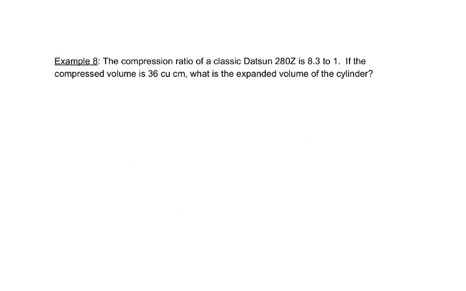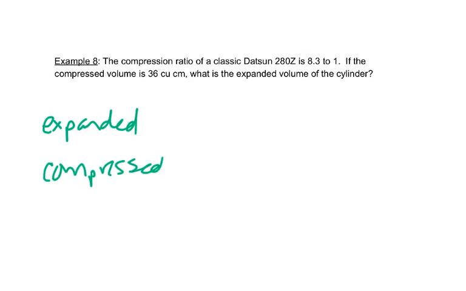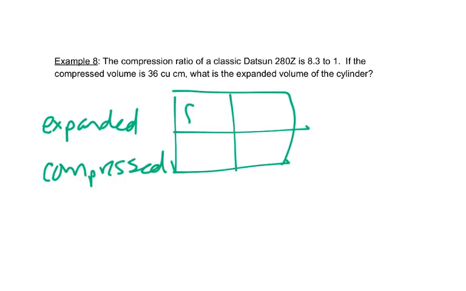The compression ratio of a classic Datsun 280Z is 8.3 to 1. Now remember that compression ratio is the expanded volume to the compressed volume. We have 8.3 to 1 to begin with. And then it says if the compressed volume is 36 cubic centimeters, what's the expanded volume?